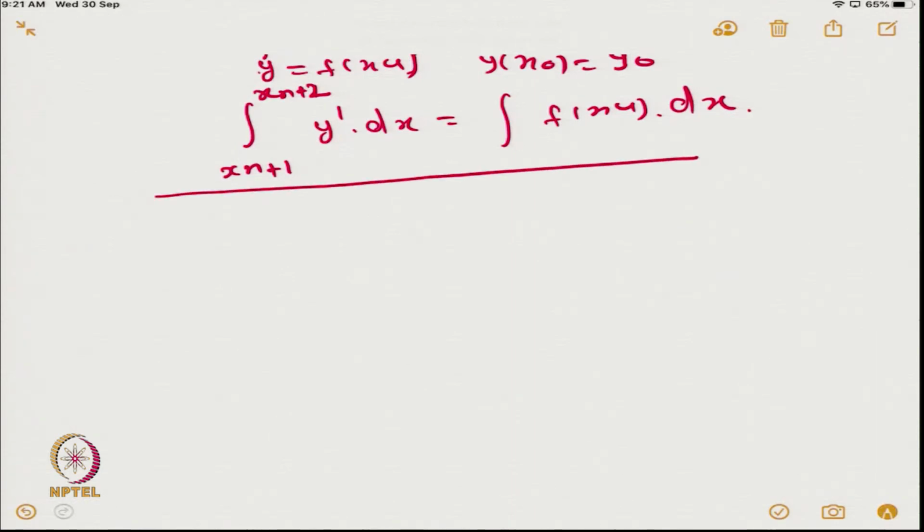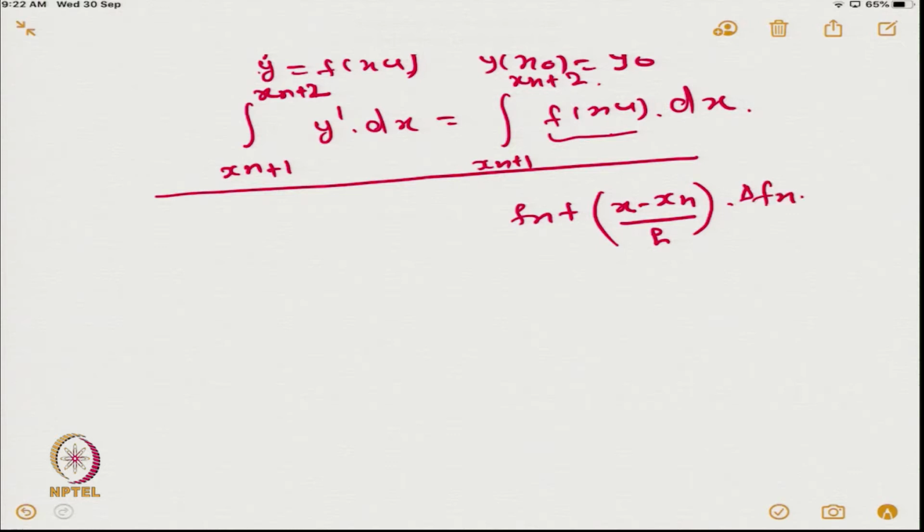If we do this, and we approximate this function with Newton's interpolating polynomial, which you remember from the previous part of this course when you derived the interpolating polynomials, this will be fn plus (x minus xn) delta of fn.